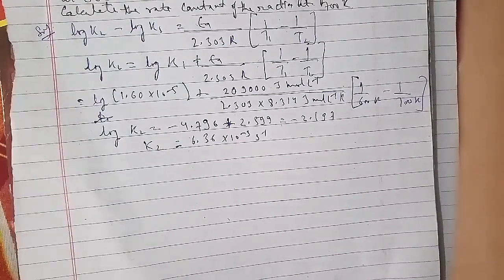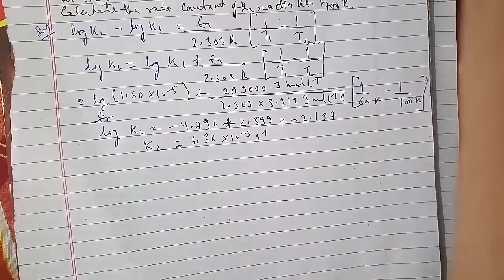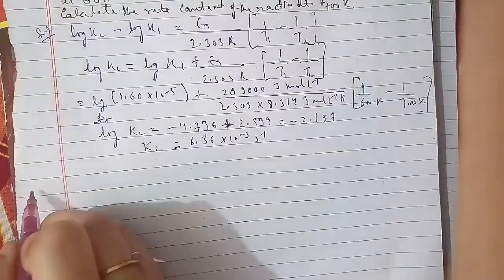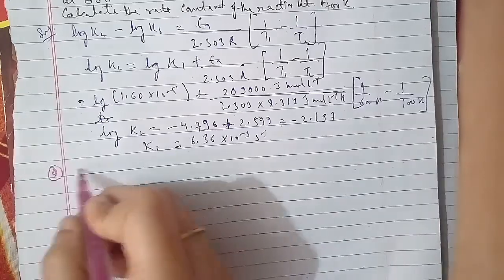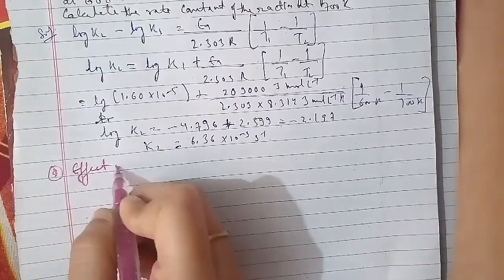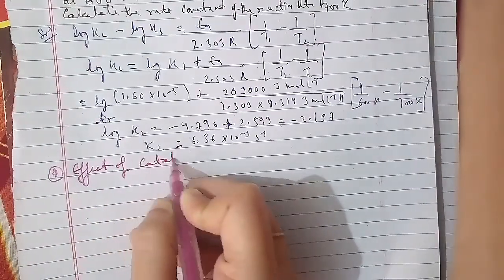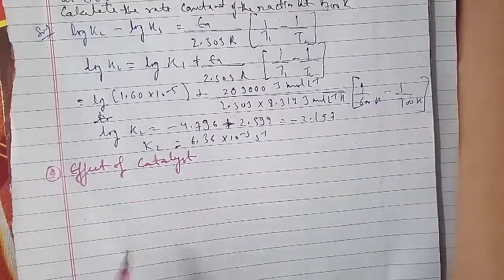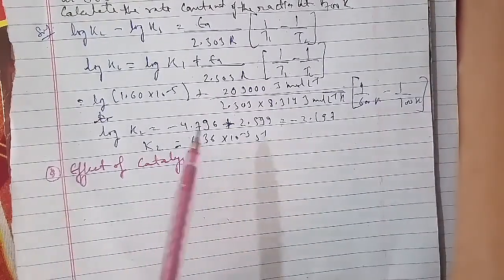For example, MnO2 catalyzes the following reaction so as to increase the rate constant: 2 KClO3 with MnO2 gives 2 KCl plus 3 O2.